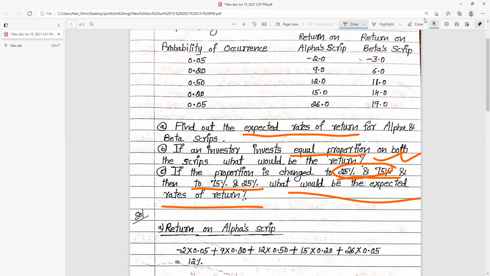In the second question, you give equal proportion, that is 0.50 and 0.50. In the third question, you need to change the proportion, that is 0.25 and 0.75, and another one 0.75 and 0.25. Total it should be 1. Is it clear? So let's work out.